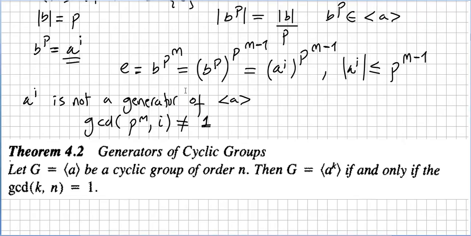So clearly here A to the power of I is not a generator of A, so the greatest common divisor of P to the power of M, this one used up here, and I cannot be 1. So we just proved that P divides I.